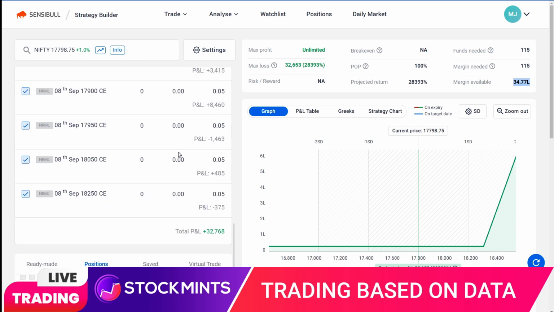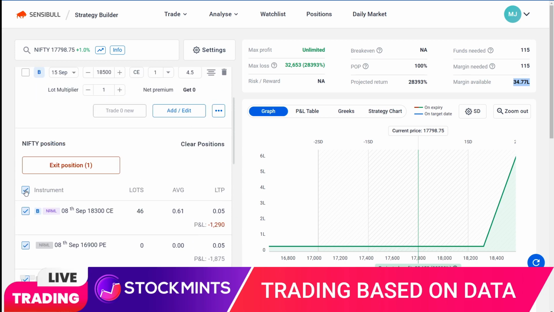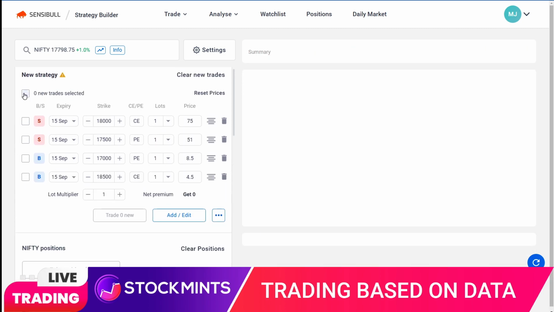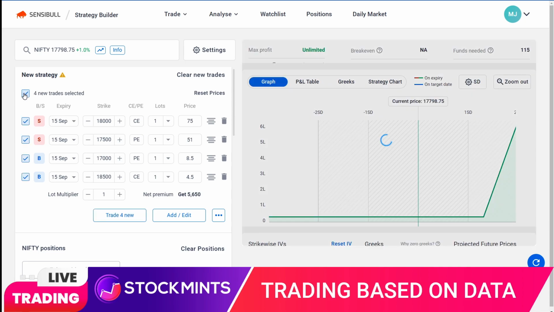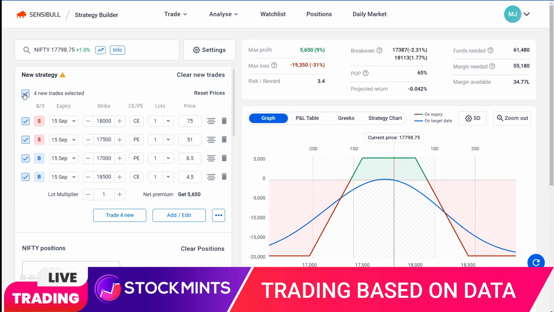So here we go. You can see the whole bunch of trades. Before I go into explaining the individual trades, let me explain a simple options trading strategy, a lot of you might be familiar with, called the short straddle strategy. A short straddle is nothing but you sell a call option and a put option, and you have a range in between.